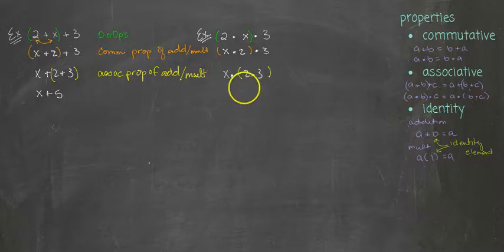And now I can simplify this. 2 times 3 is 6, times x, and in fact I can do one more application of the commutative property, and I can write my final answer as 6x.